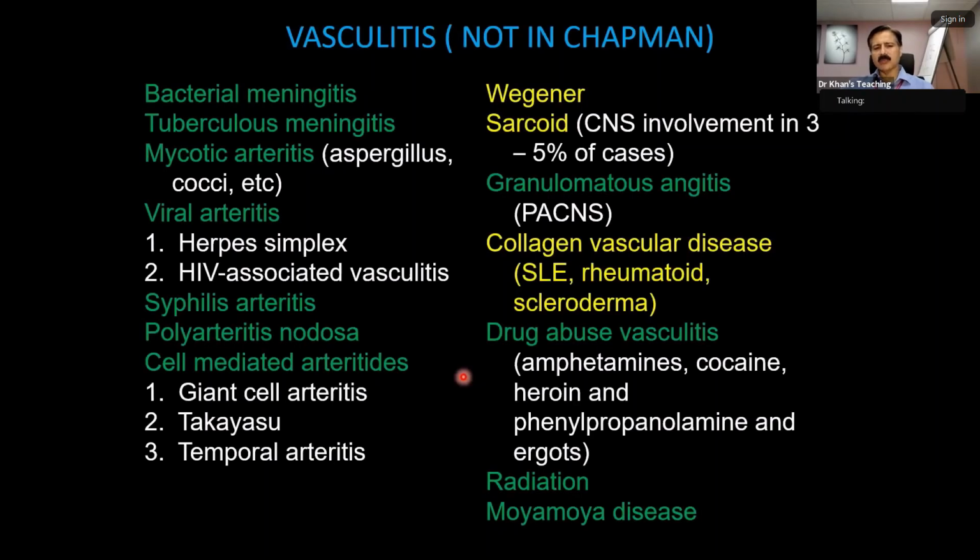Vasculitis can be of various types: bacterial, TB, mycotic, all of these things. But some of these you have to remember. Collagen vascular disease, you have to remember. In your clinical practice, always remember this: drug abuse, vasculitis. We have seen so many cases now in our clinical practice of drug abuse, particularly what we call recreational drugs, amphetamines, etc., people using them on weekends.